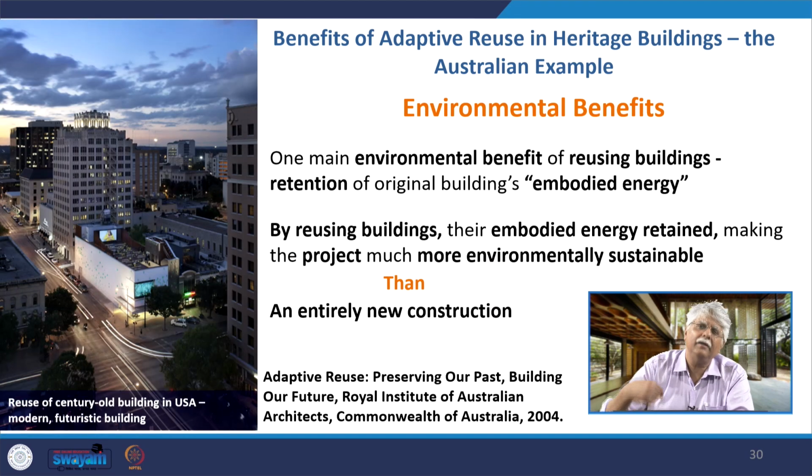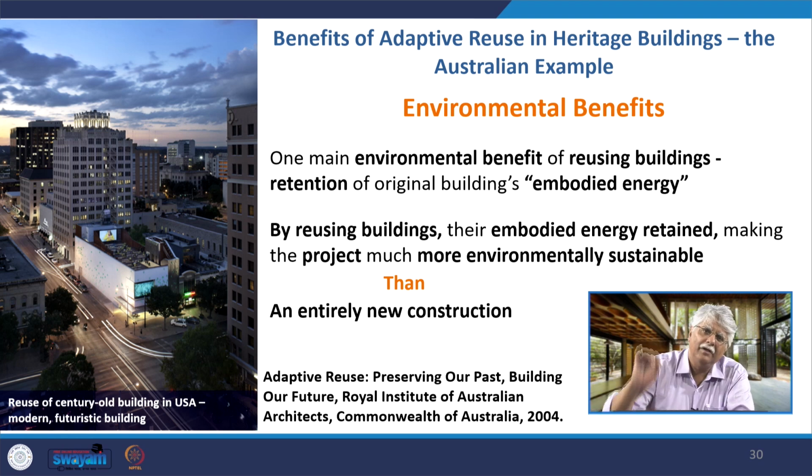Then one main environmental benefit of reusing buildings is the retention of the building's original embodied energy, that is the energy of the materials which are embedded in the building. I had talked about it earlier. All materials require energy to manufacture them, and when that material is embedded in the building, that becomes the embedded energy or the embodied energy of the building.